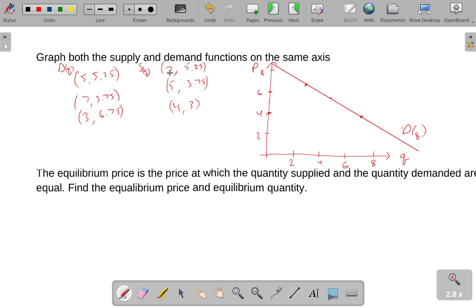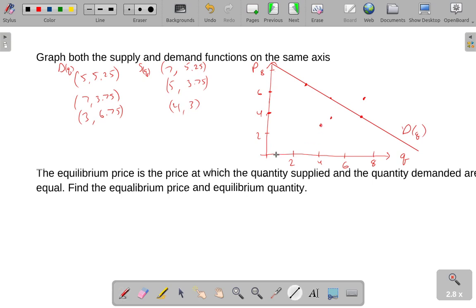Alright, I have the 0.75, 5.25. Let's see, that looks about here. Oh, I probably should be a little higher than that, because 5 should be halfway between those. 5.25 is a little above that. 5, 3.75 is going to be about there, and 4, 3 is going to be about here.